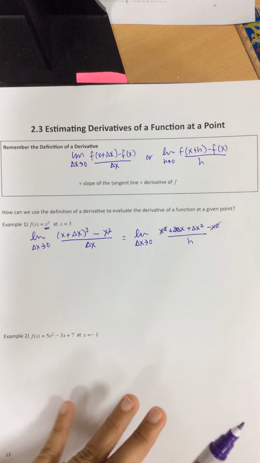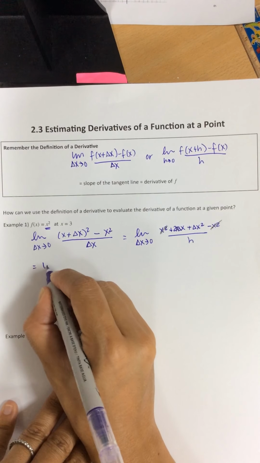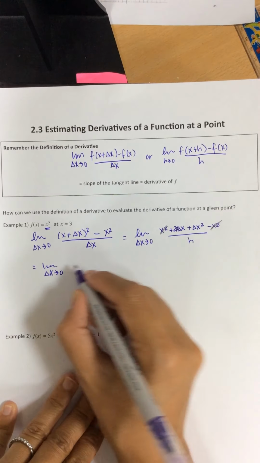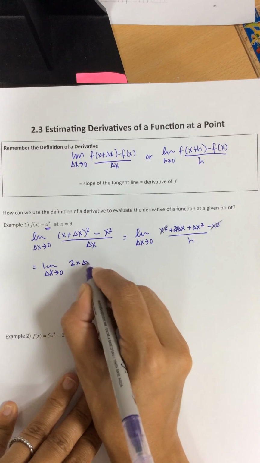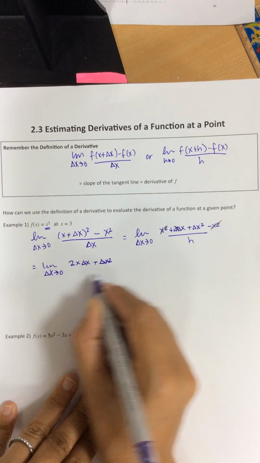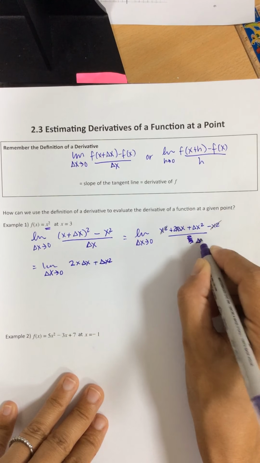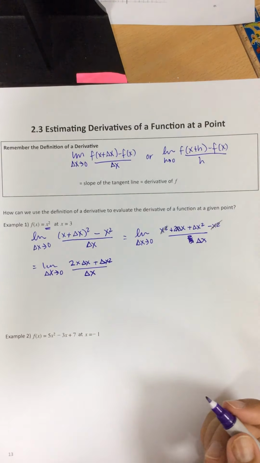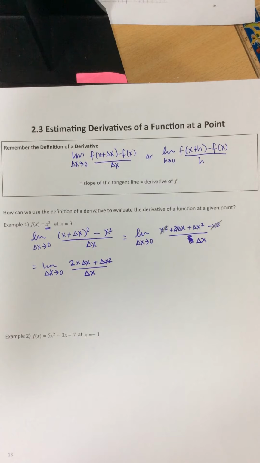Right? So what am I left with? I'm left with a limit as delta x goes to 0 of 2x delta x plus delta x squared. Oh, I wrote h. Whoops. Over delta x. That's why h might be better, because then you don't end up with all these x's. So maybe I'll do the next one with an h, and you can make your preference.